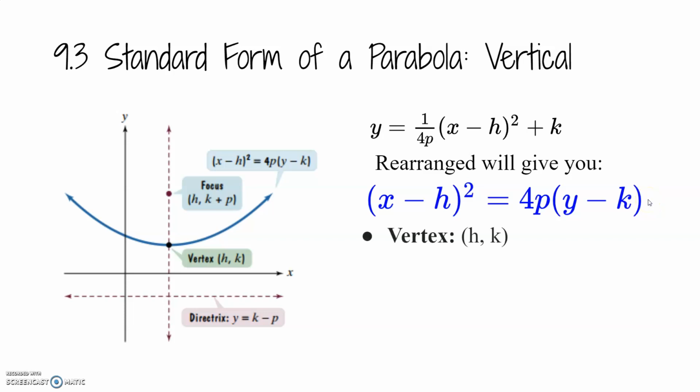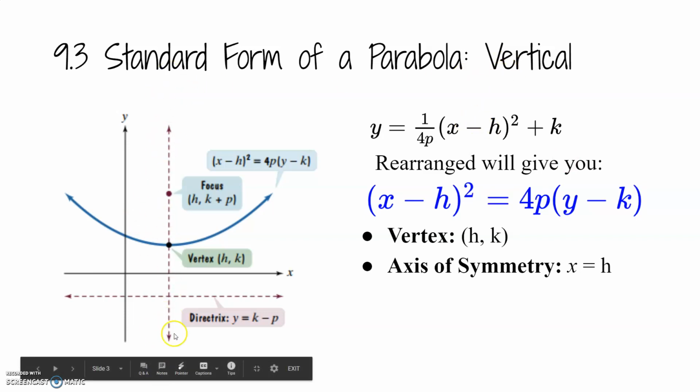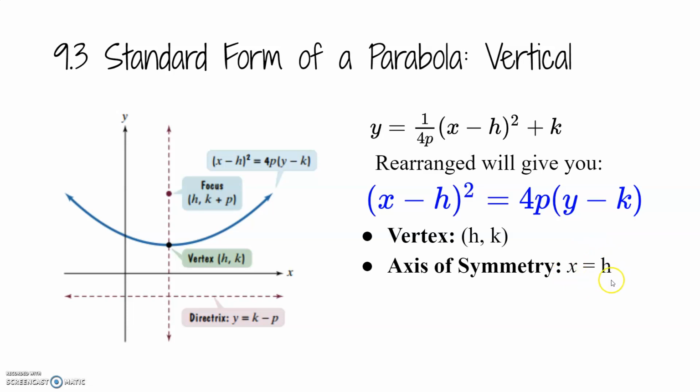So in this, I already mentioned the vertex is (h, k). We no longer have a center, but you can kind of think about the vertex of a parabola as the center. We have an axis of symmetry. That should be nothing new. The axis of symmetry, if it's a vertical parabola, goes right perpendicular through your vertex. It's a vertical line, hence x equals the x coordinate of your vertex, x equals h.